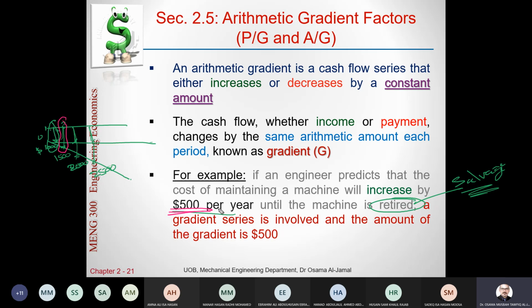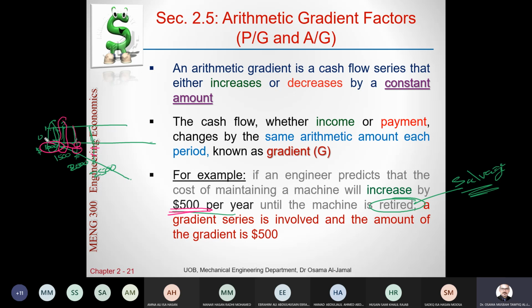By $500. That again is going to increase by $500 over what? Over the previous year. So 500 plus 500. In the third year, 500 plus 500, or in the fourth year, 500 plus 500 plus 500. That's why we're going to add 1,500 over the initial amount.